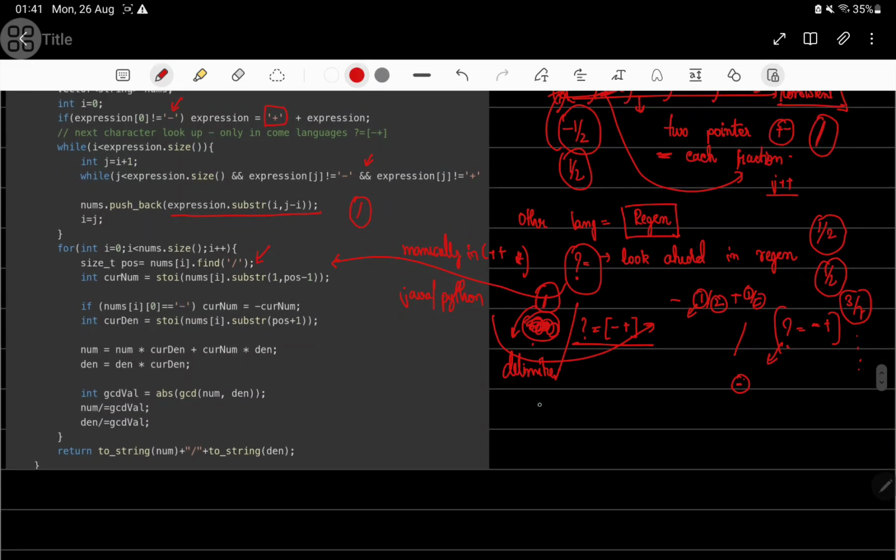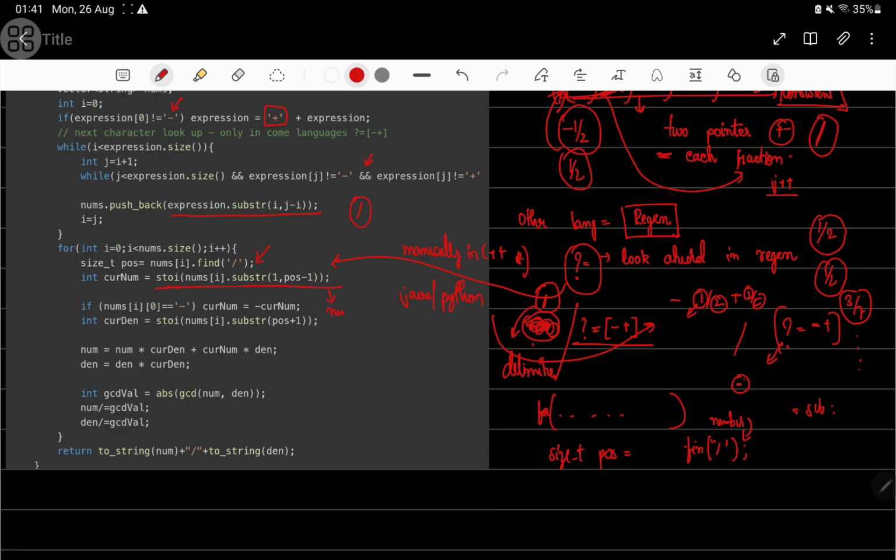Next thing is we'll consider all these strings. For each string I'll calculate size_t, and this is the position element. We'll be considering that dot find will give me that particular iterator where it was present, and this can be fed into the dot substring function to get the first half.